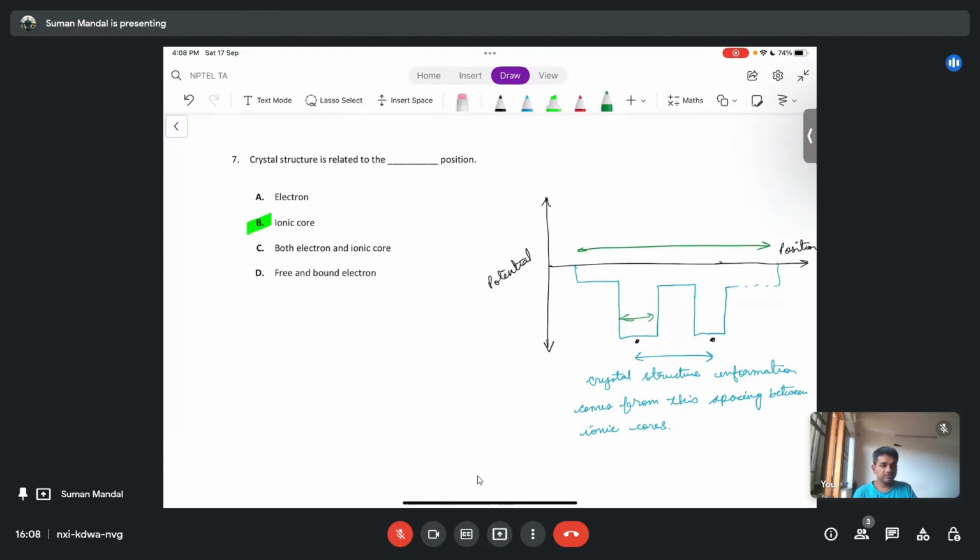So free electrons cannot see the position; they are basically a free electron gas, with no structure related to that. So free electrons and bound electrons both cannot determine the crystal structure. Only the ionic cores determine the crystal structure.